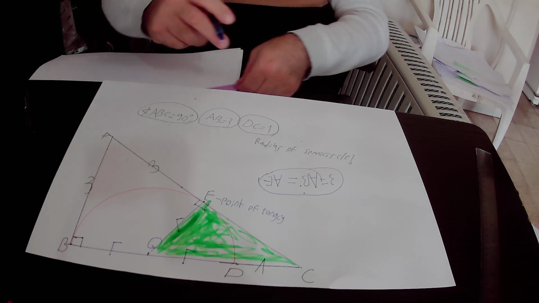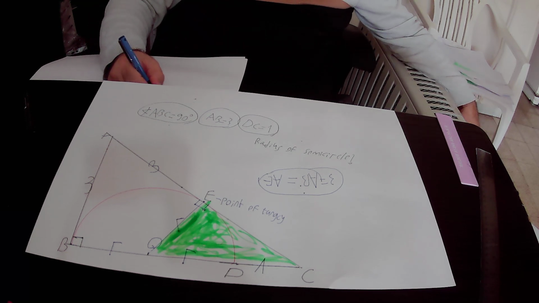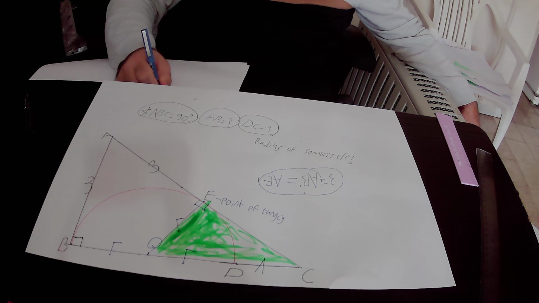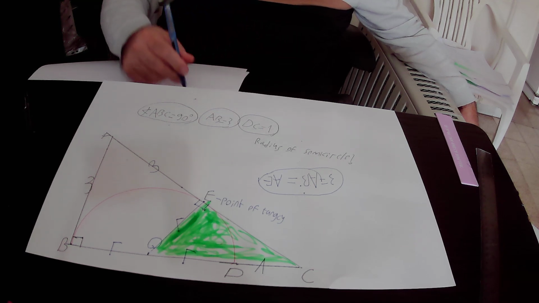according to the Pythagoras theorem, the square of the hypotenuse equals the sum of the squares of the perpendiculars.